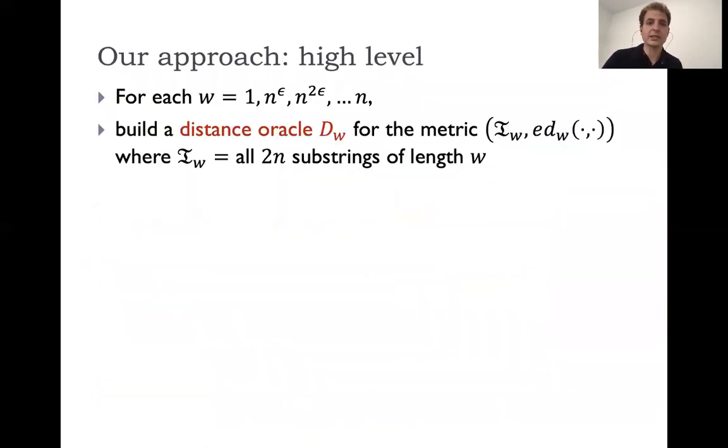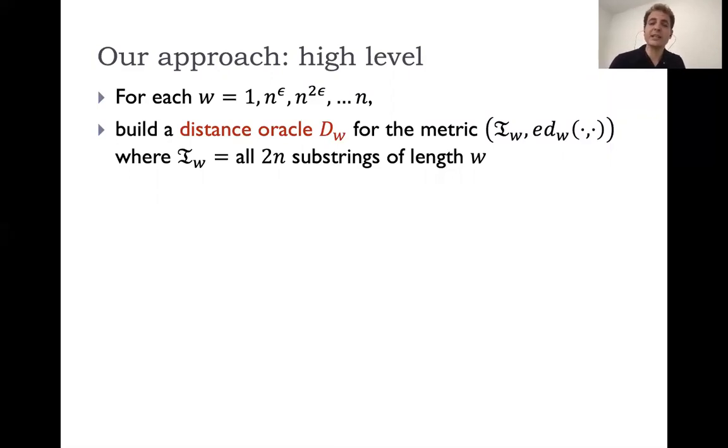So here is our approach, how we solve this problem. Because if we would try to do the same thing over recursive calls, it would be very hard. It's prohibitive because the number of recursive calls will be prohibitive for us. So instead of running recursion over smaller W's, we're going to start with the smallest W, and we're going to build up. We're going to start with word size 1, and then we're going to go to word size n to the epsilon until we reach word size n.